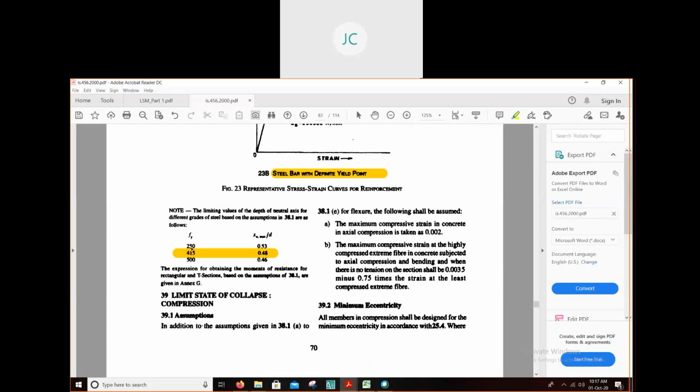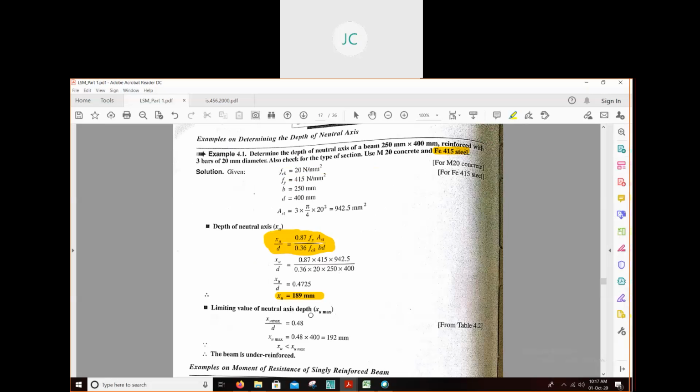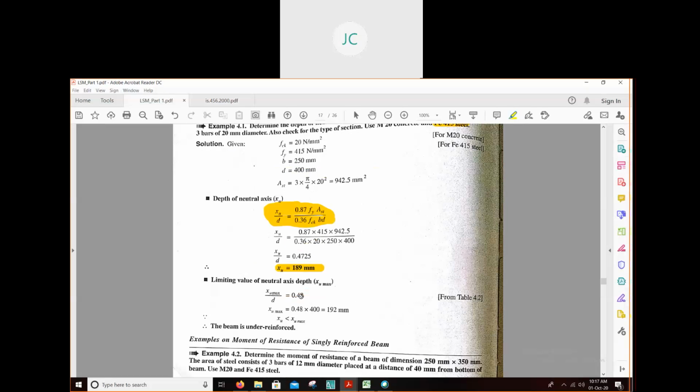You have to refer to the clause 38.1 for Fe 415, XU max by D equal to 0.48.